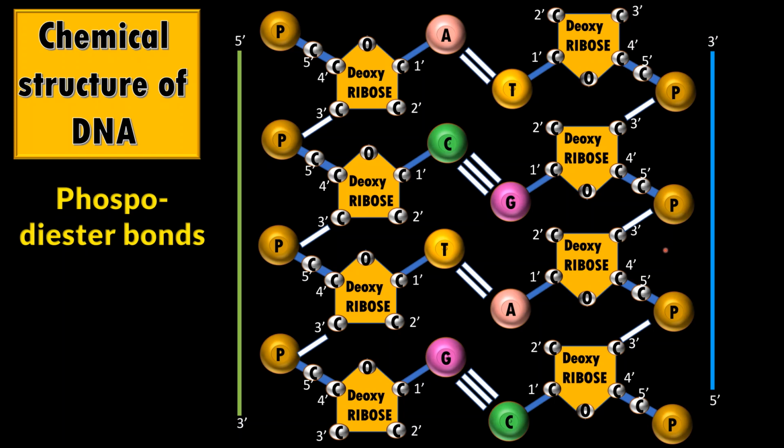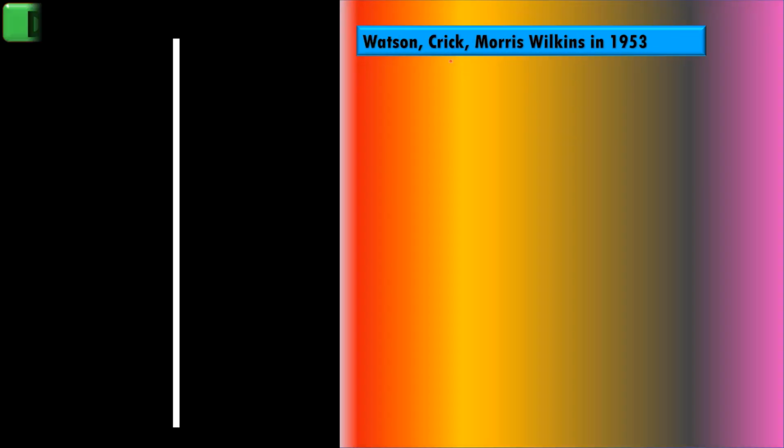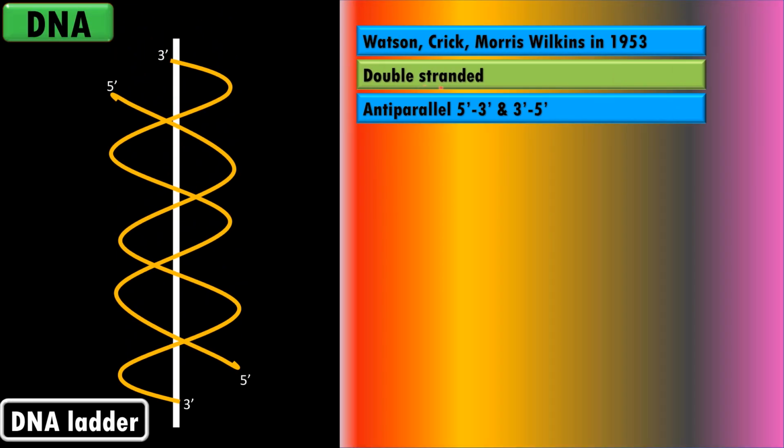Now with this chemical structure, we'll talk about the structure of the DNA proposed by James Watson, Francis Crick and Maurice Wilkins. What they said is the DNA is double-stranded, that is it consists of 2 strands. The 2 strands are anti-parallel, that is one is 5' to 3', second is 3' to 5'.